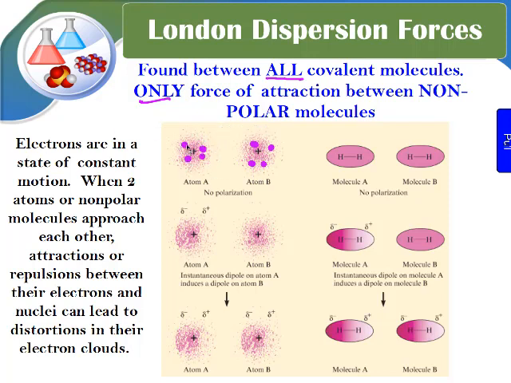Sometimes, one side gets more electrons than the other side. So this side now becomes slightly positive, and this side becomes slightly negative. So when it approaches atom B, the electrons in this one are going to be repelled, making this side slightly positive, this side slightly negative, which then induces the next atom next to it, and so on and so on.